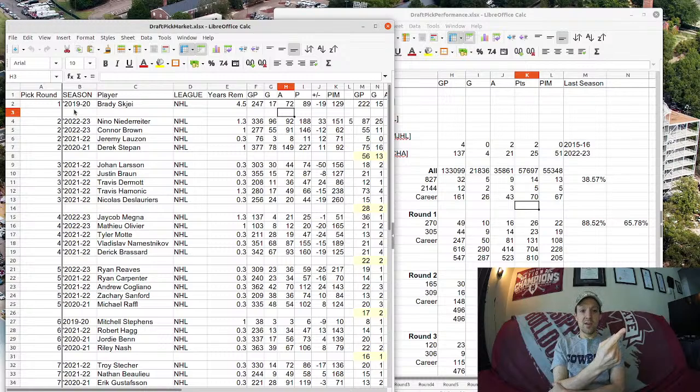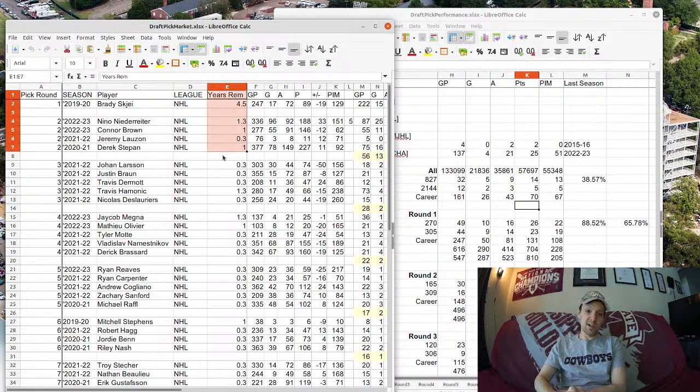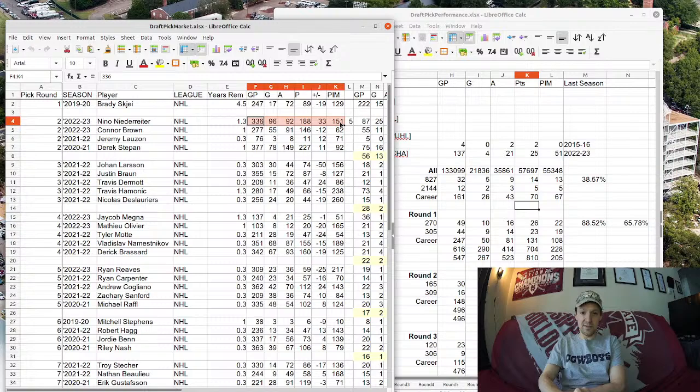I recorded the years remaining on the contract at the time of the trade. Then I got the 5-year cumulative performance of the player in the trade.